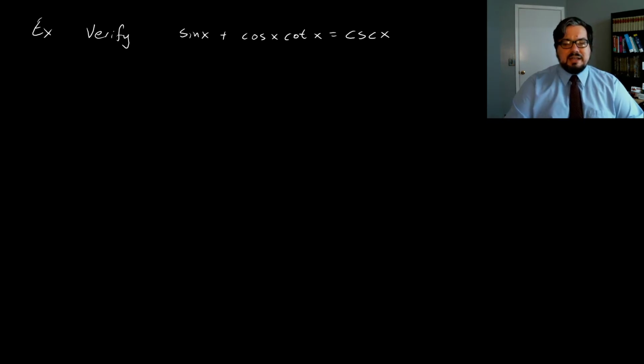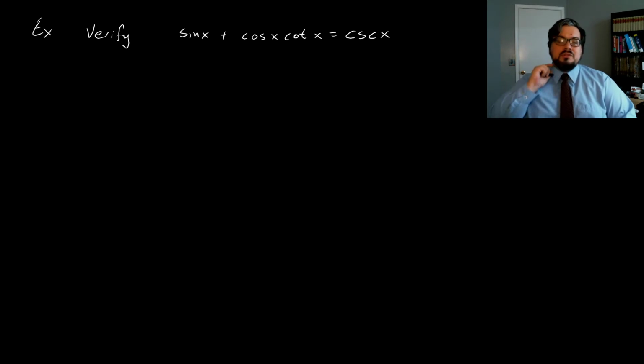Let's verify the trigonometric identity sine x plus cosine x cotangent x equals cosecant x. So this identity says that no matter what value of x you choose, no matter what angle you put into these trigonometric functions, if I take sine of x plus cosine of x times cotangent of x, that will give me cosecant of x.